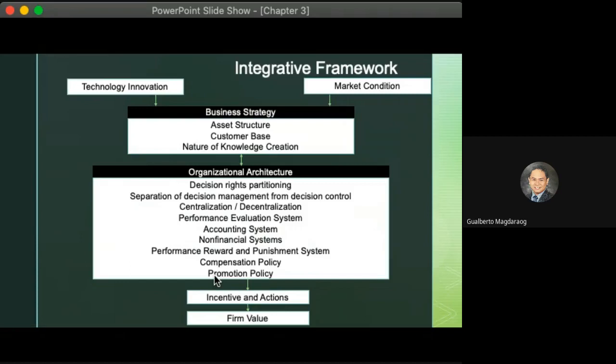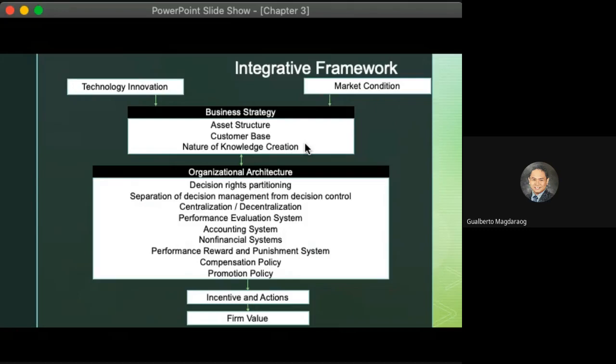Bakit daw nagkakaroon ng changes na ganyan, o yung development na ganyan, is because of this integrative framework. Meaning, yung strategy ng business, meron naman tayong discussion ng what is a strategy, ano? That is how are we going to meet our mission and objectives.